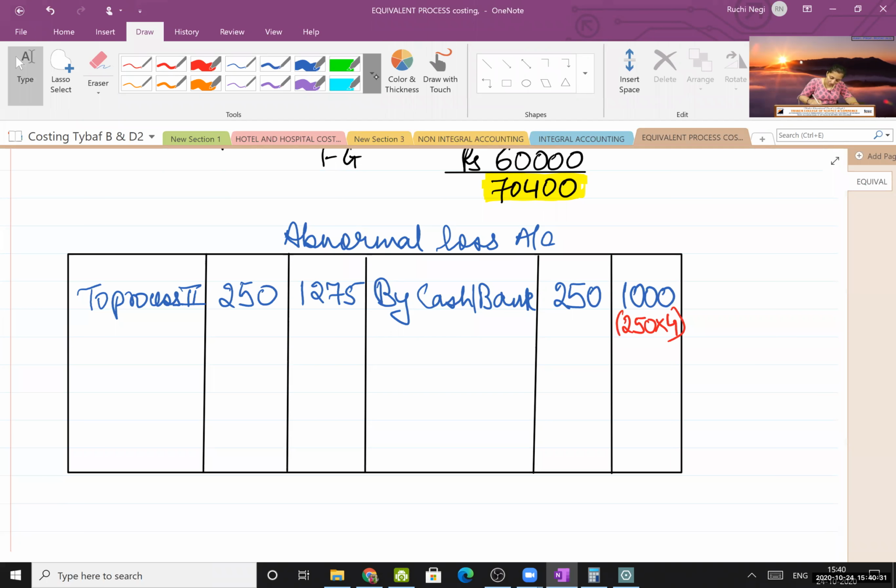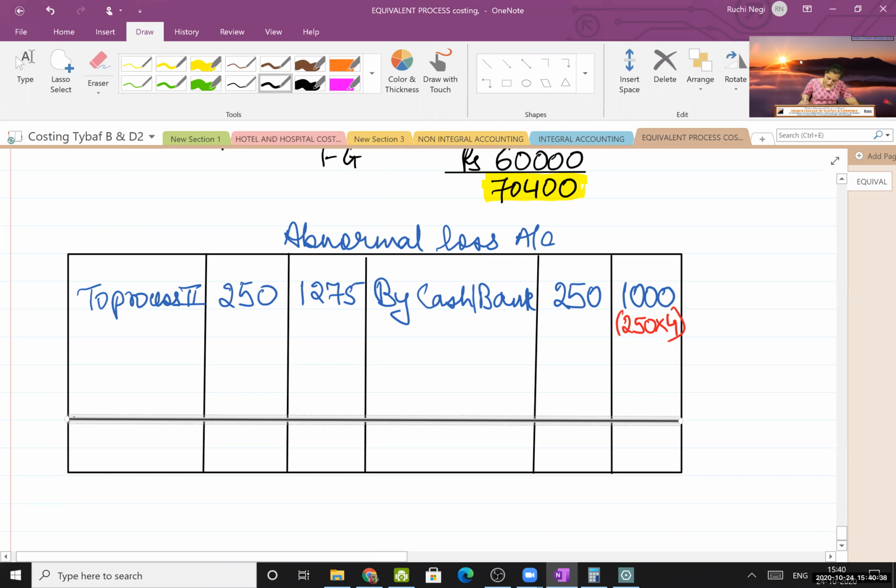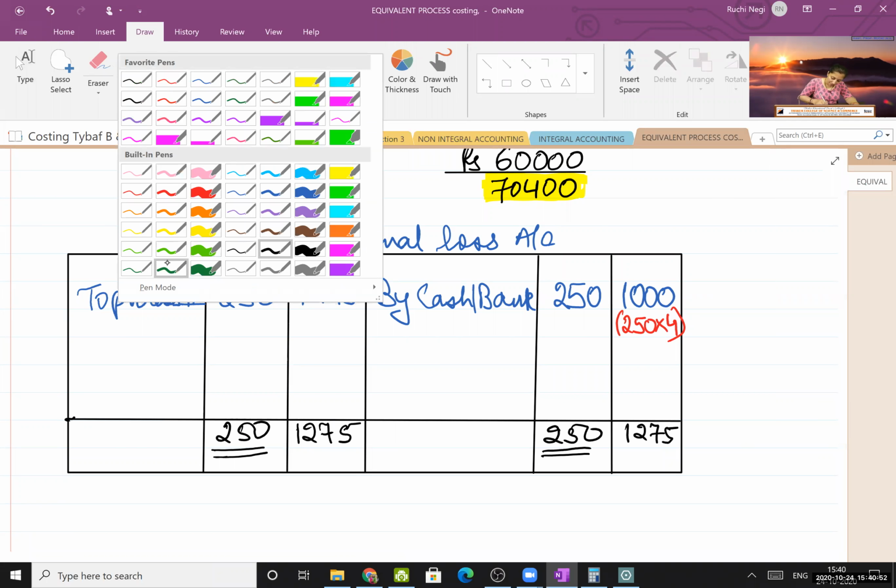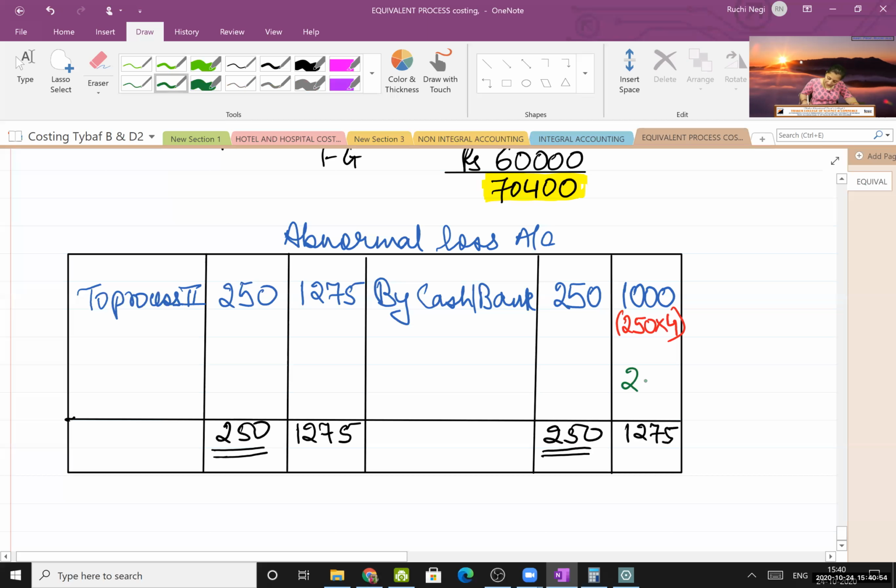Now close this. Yeah. See the difference? 250 ये tally हो जाएगा. The quantity column will tally, but the amount column will not tally. 1275, and there is a difference of 275, which will go to costing P&L, CPL account.